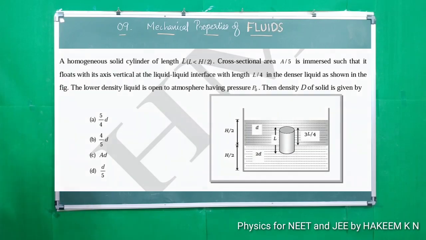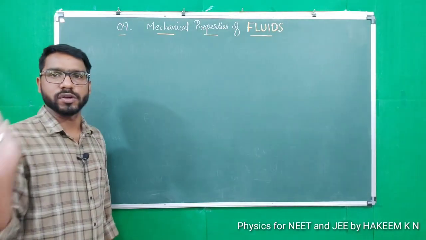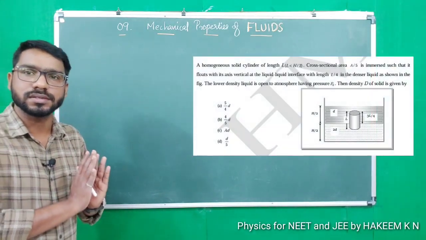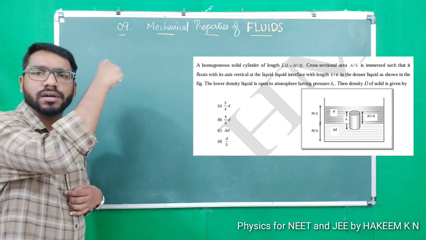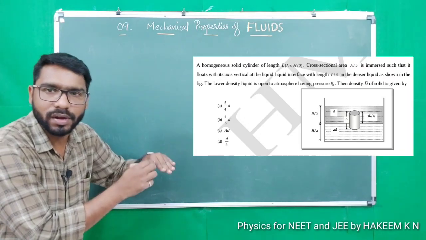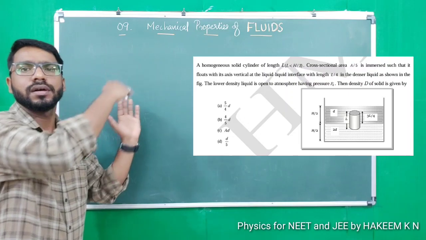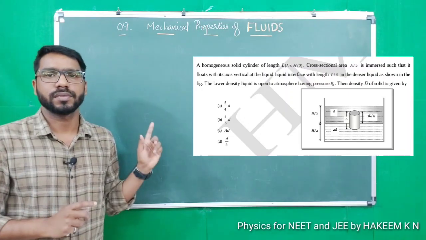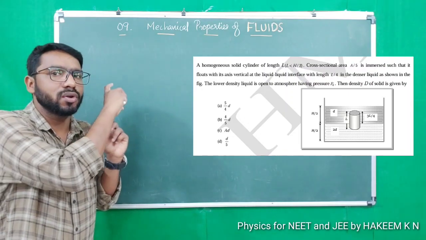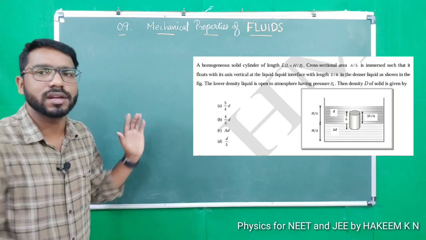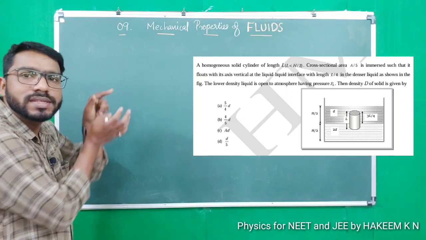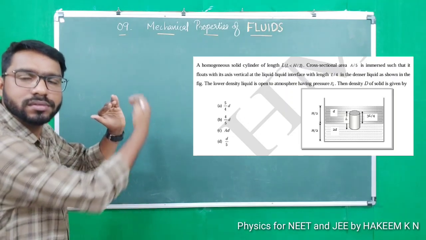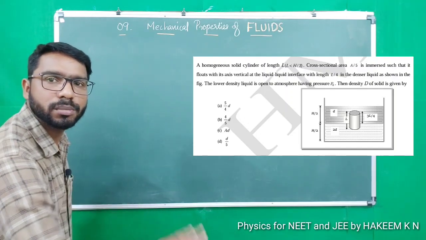But there are two immiscible liquids, they are not mixed. So the body lies one part in the lower liquid and the other part in the higher liquid. Okay, lower density liquid on the top and higher density liquid at the bottom. Here the body is at rest, it is not sinking to the bottom of the vessel.